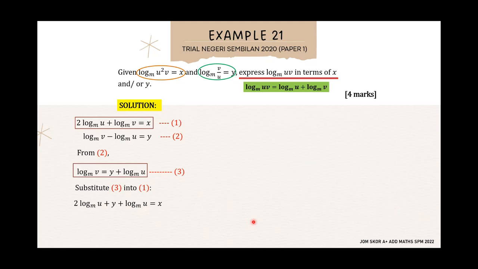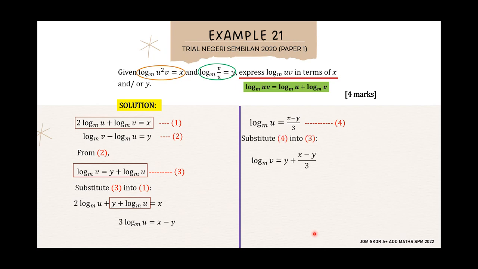Okay, right. Samakan log u base m, jadi 2 tambah dengan 1, kita akan dapat 3. Okay, 3 log u base m is equal to x minus y. Jadi kita dah ada nilai log u base m is equal to (x minus y) over 3, and denote as equation 4.